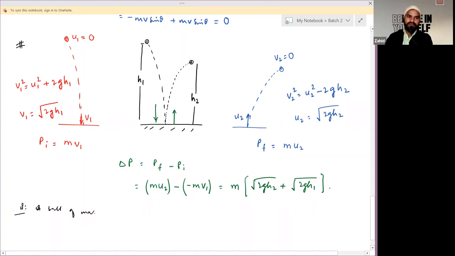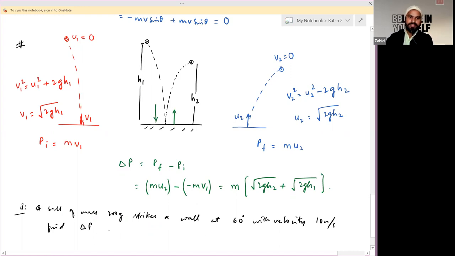A ball of mass 200 gram strikes a wall at 60 degree with velocity 10 meter per second.